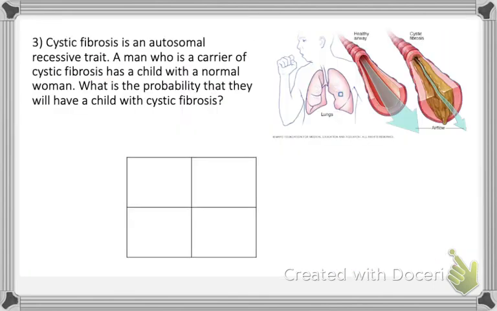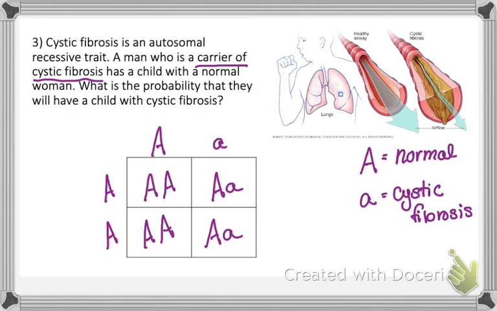All right, try this third one about cystic fibrosis. Read through it and see if you can do it, and then check your answer back here in a minute. All right, let's look at this last problem. I picked A to represent my alleles for cystic fibrosis. You can pick whatever letter you want. My dominant allele is for normal airway passages.